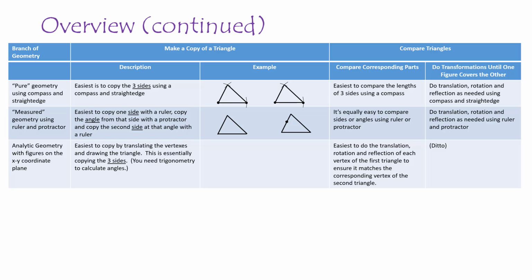And then finally, in analytic geometry, what you do is what's called translating. You translate the three vertexes of the triangle and draw the other triangle. Translating just simply means move, if you remember from your transformation section of geometry.